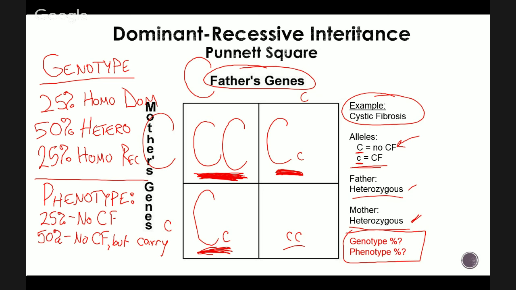So this one here, the heterozygous one, has the big C. Is the dominant trait always going to go over the recessive trait?